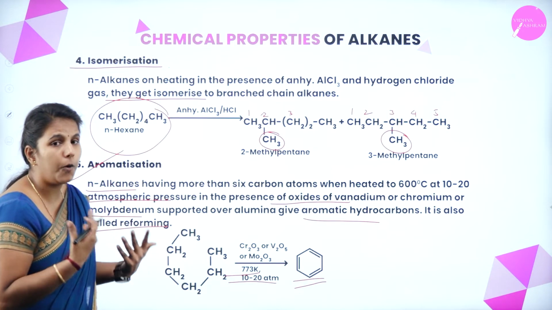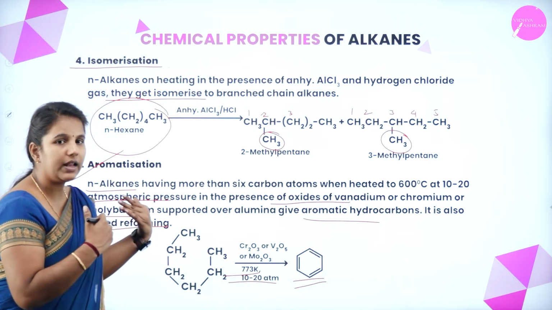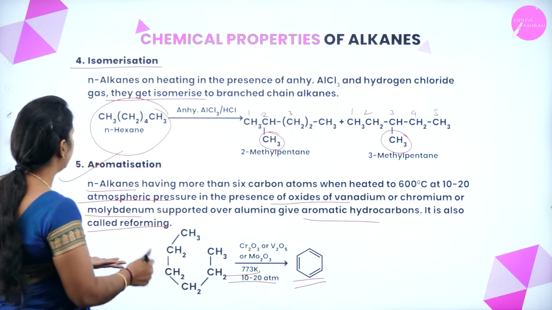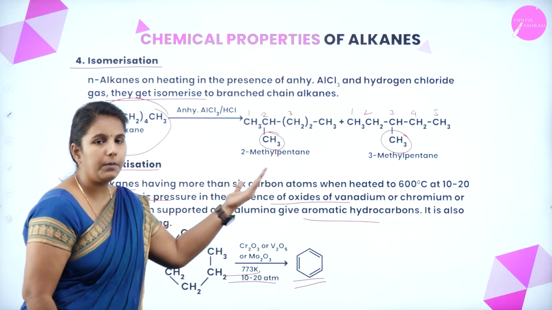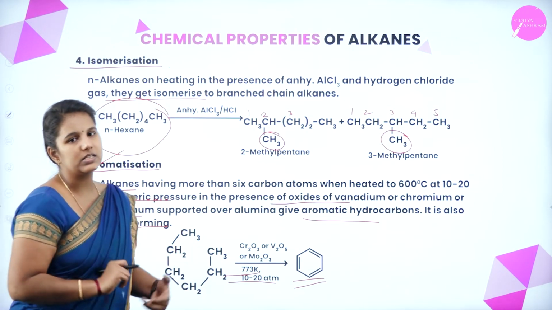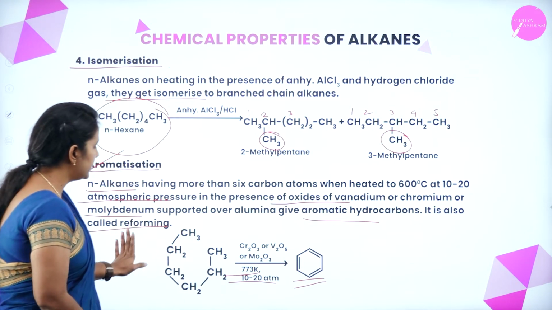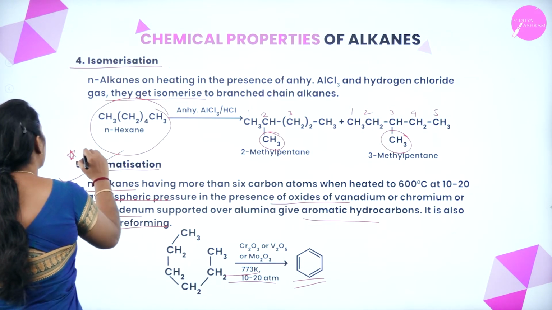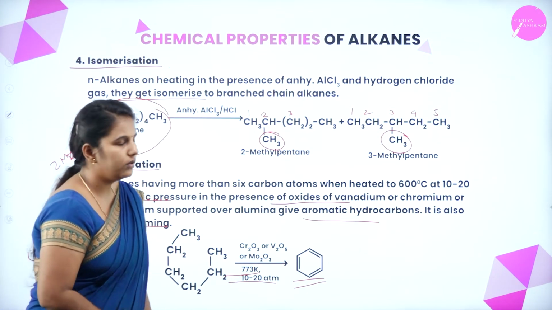The process of obtaining the benzene ring from an aliphatic carbon chain is said to be aromatization. Hope you all understood this method. Again, this is very important for the 2 marks. Have a look at this and try to note it down.